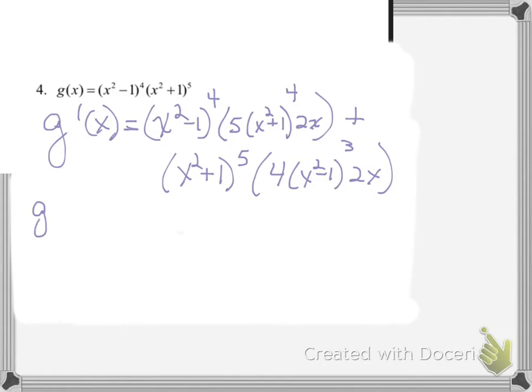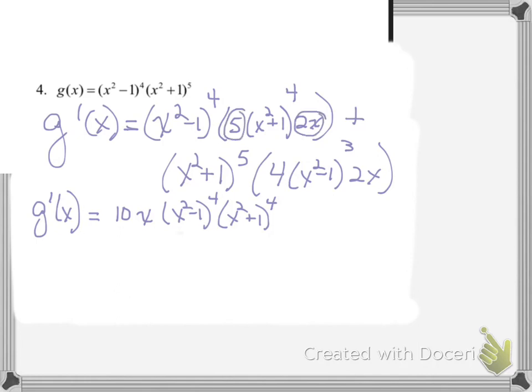Let's clean things up first, and then we'll start taking some major pieces out. So I have a 10x. Then I have x squared minus 1 to the 4th. And then I have x squared plus 1 to the 4th. Make sure you can reconcile that. I got the 10x by the 5 and the 2x coming to the front.